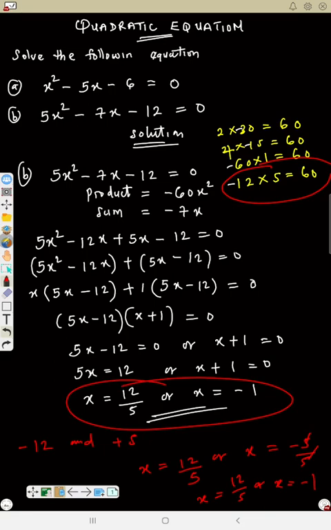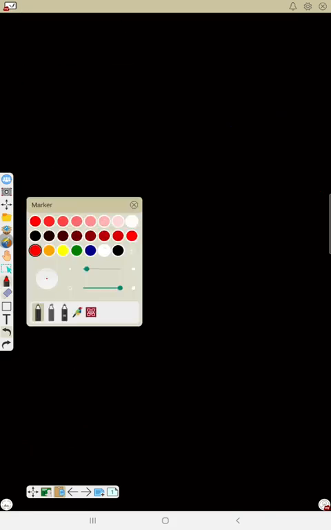Now, so far we have solved all the signs you can see in quadratic equations. We have solved a question that involves plus plus, like solve the following. 1.